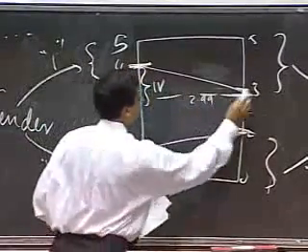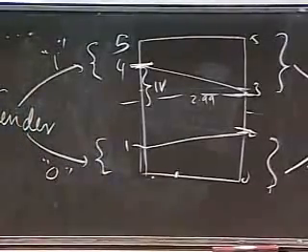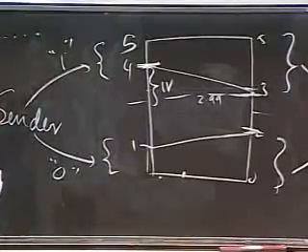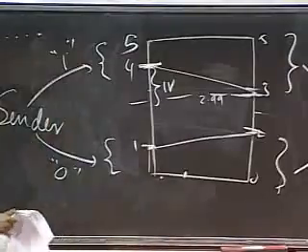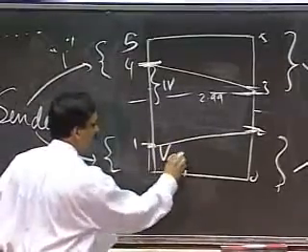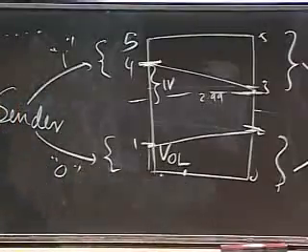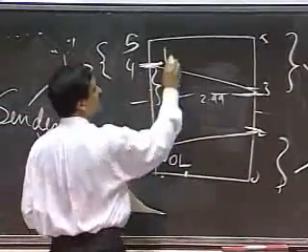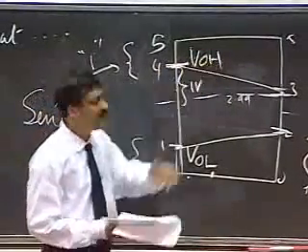Similarly, for a 0, the noise margin is also 1 volt. So let me label these. There are 4 important thresholds here. This threshold is called VOL, V output low. These have special meanings. This threshold here is called VOH, V output high.